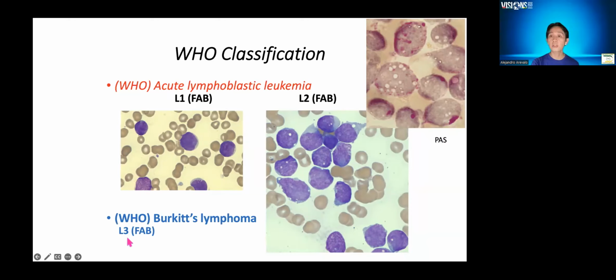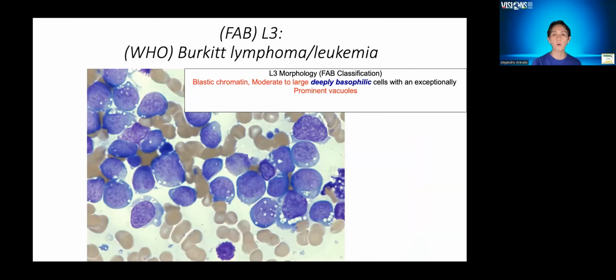was under the L3 subtype of the French-American-British classification, but this was reclassified as a lymphoma, specifically Burkitt lymphoma, because at that time, under FAB, they had features of immaturity, and that's why they were classified as L3.